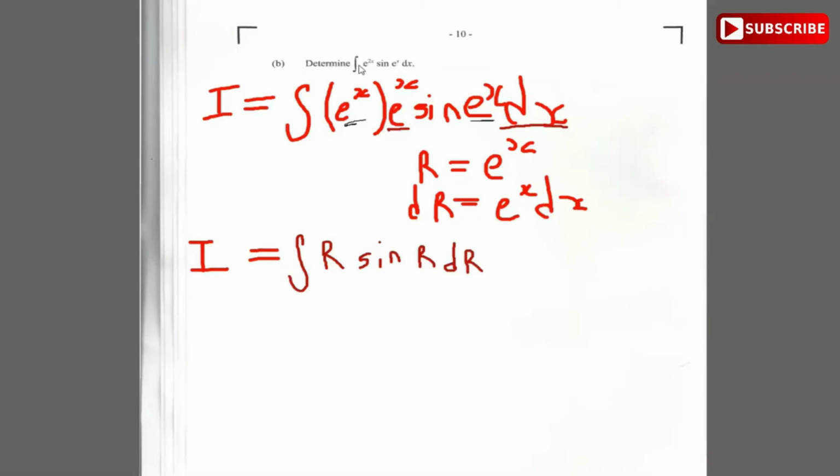Now to do this, we're going to use integration by parts. So now you have to think of the ILATE rule, and you know that algebra comes before trig. Using the ILATE rule, we're calling u as r, so du is, when you differentiate r, you're getting 1.